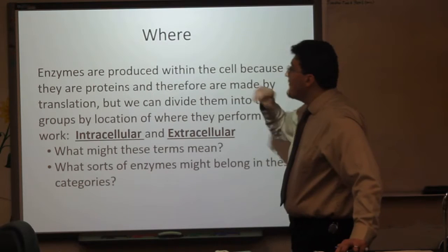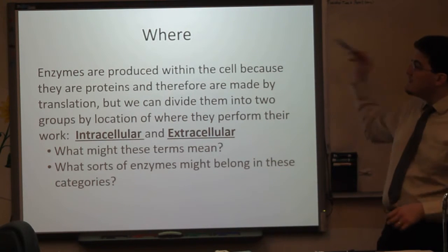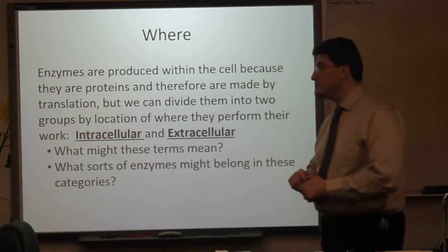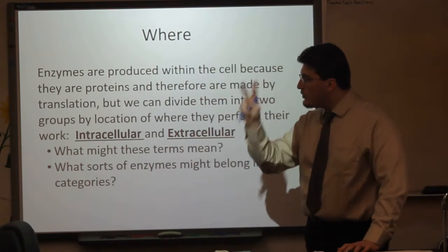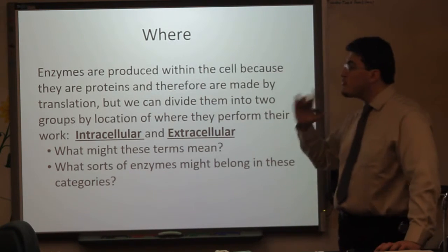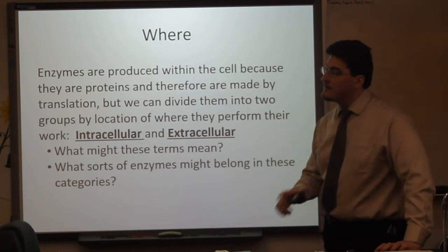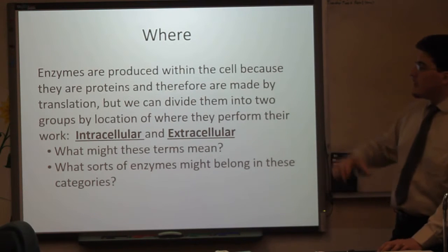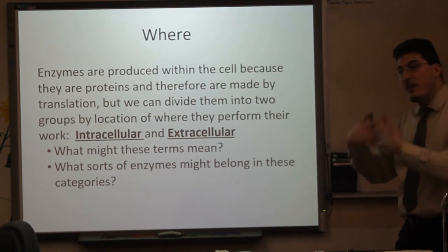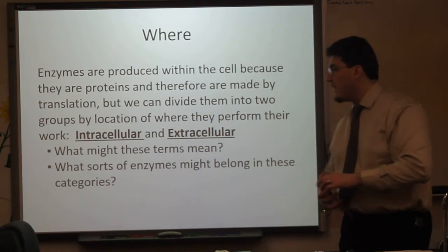So, enzymes are produced within the cell because they are proteins. Therefore, they are made by translation. We can divide them into two groups by location of where they do their job. We have intracellular and extracellular. These terms mean intracellular, within the cell, and extracellular, outside the cell.